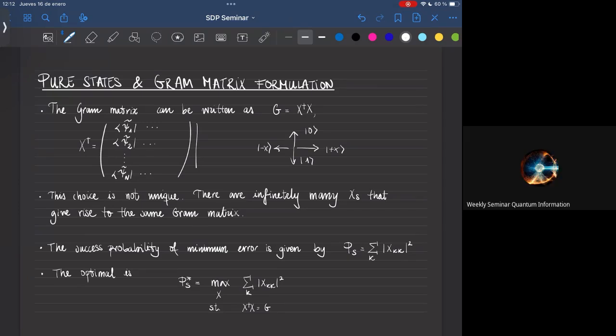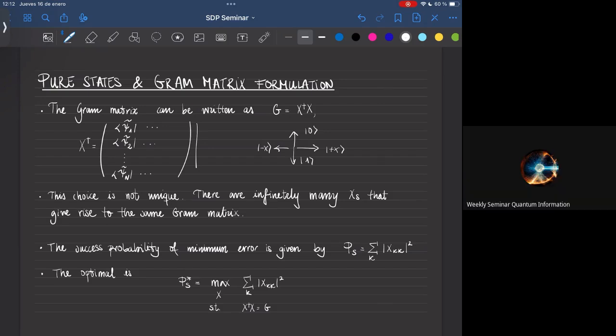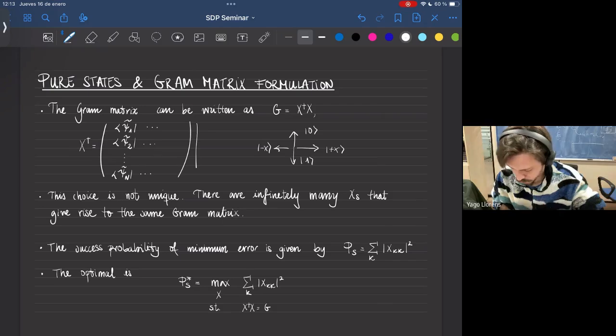Iago, could you please write the form of this xkk, mod of xkk square? Because in case of minimum error discrimination, it was like a trace of some E_i psi_i, something like that, right? Now I'm lost.